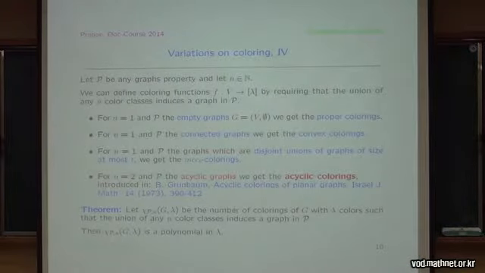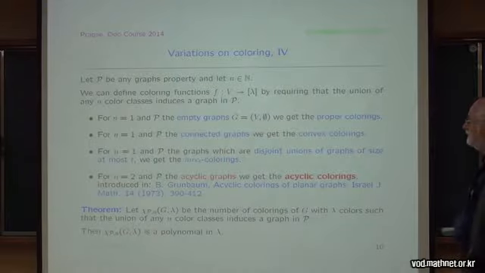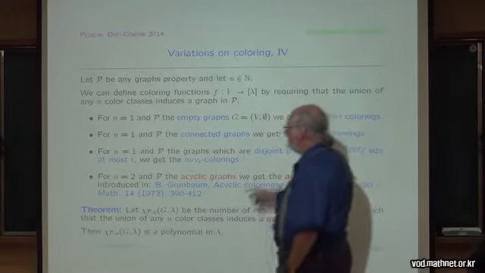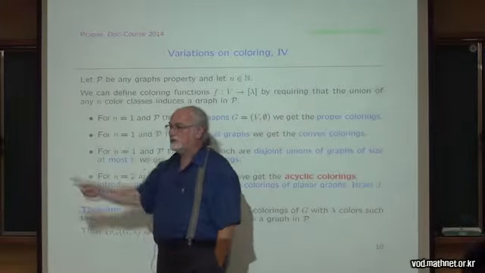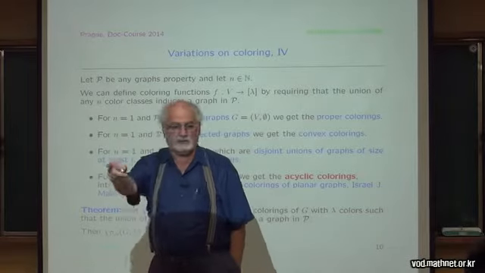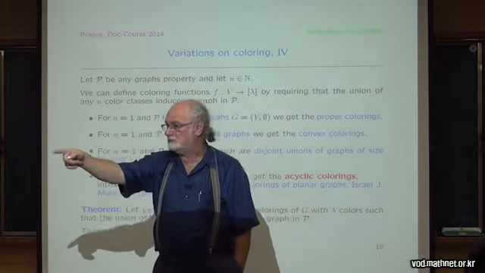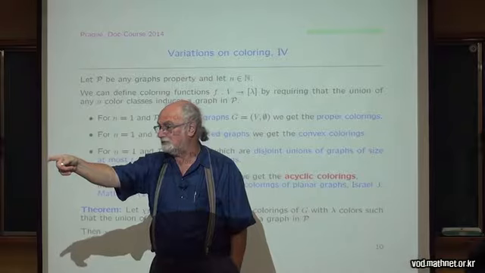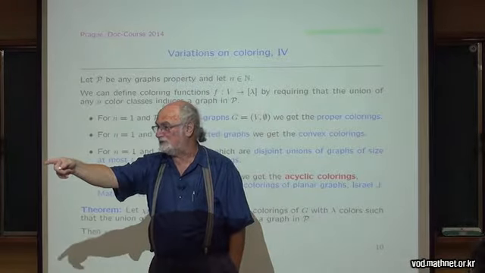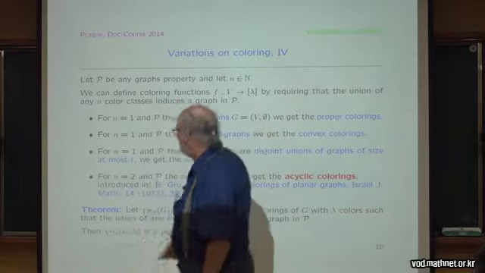So here is a more general definition collecting the previous things. Now P is any graph property you like: planar, Hamiltonian, bounded in some width, whatever.